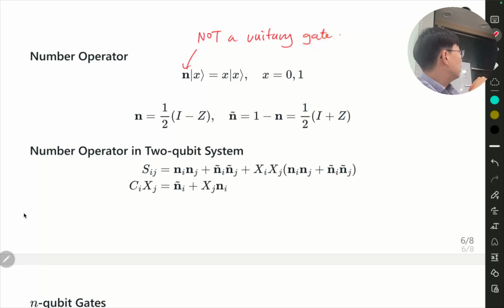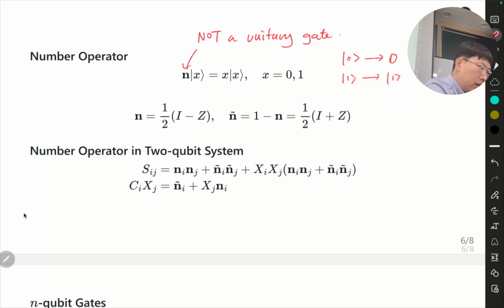However, this number operator is useful to represent your gate or operator in terms of a linear combination of other gates or operators. The number operator sends the 0 ket to the 0 vector, so it annihilates the 0 ket, and the 1 ket to the 1 ket. So basically this number operator n is represented by 0, 0, 0, 1. Okay? Obviously it's not unitary.